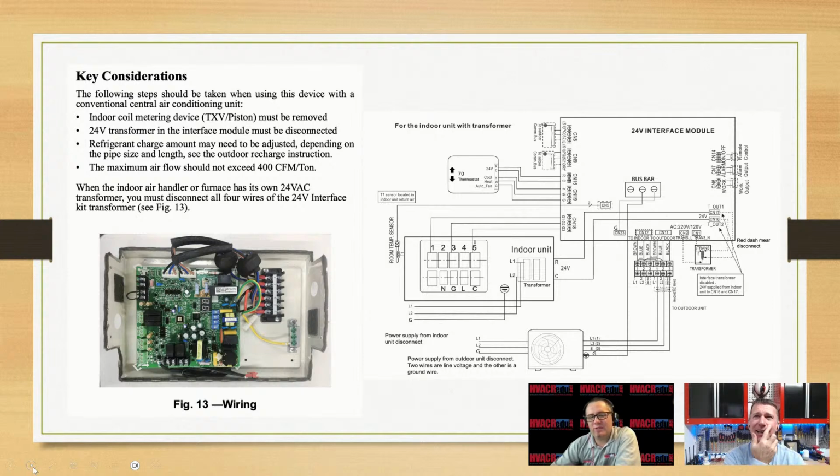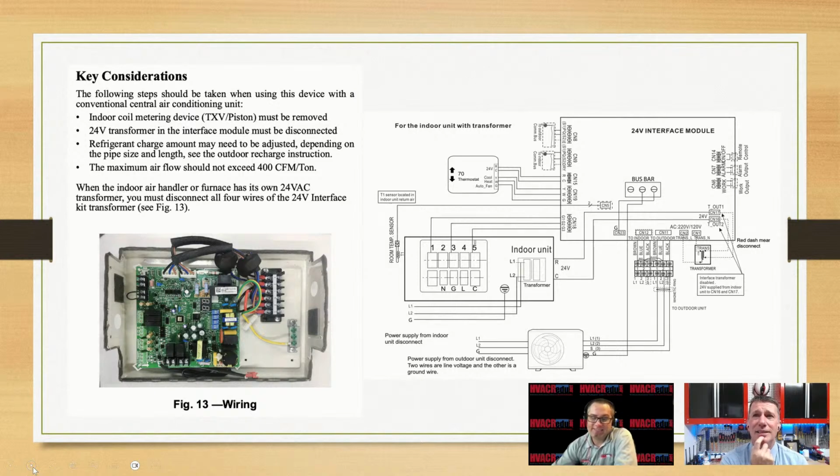So you're saying you could use a traditional air handler, standard air handler, non-pancake coil, non wall mount ductless, and you could use this interface and run an outdoor variable speed modulating ductless mini split condenser.